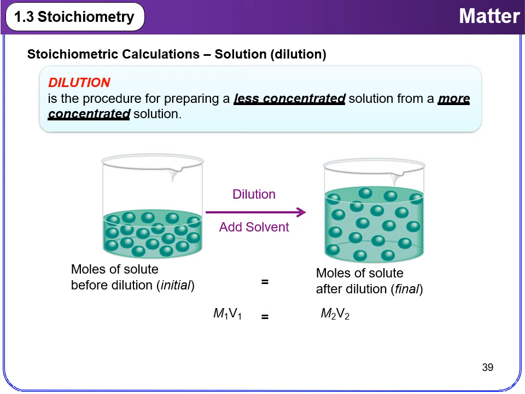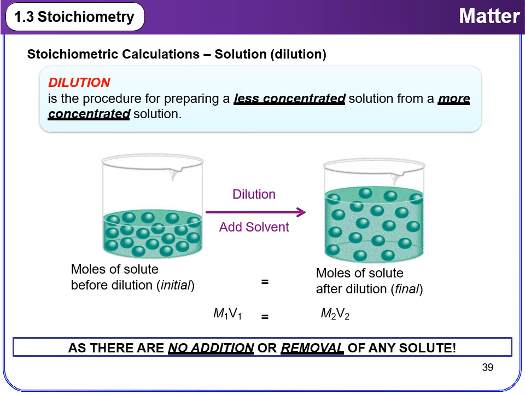We simplify this process using the formula M1V1 equal to M2V2. Do keep in mind that when we do dilution, there is no addition or removal of solute. We only add in the solvent.